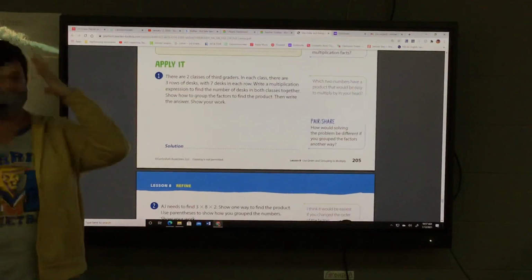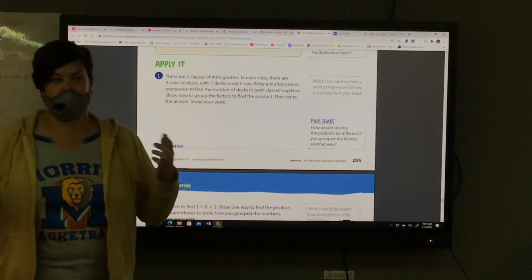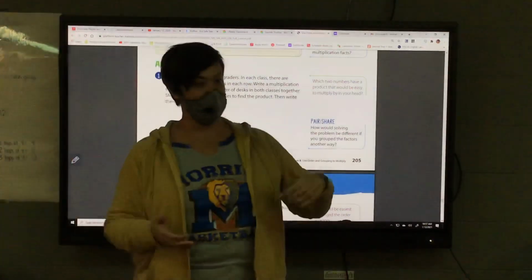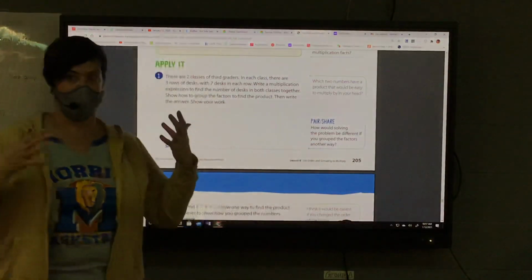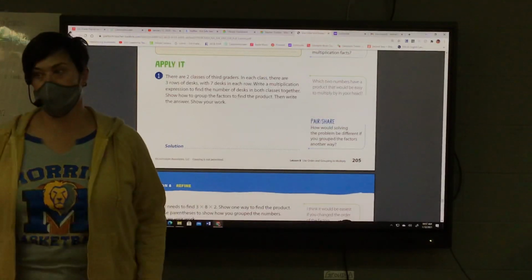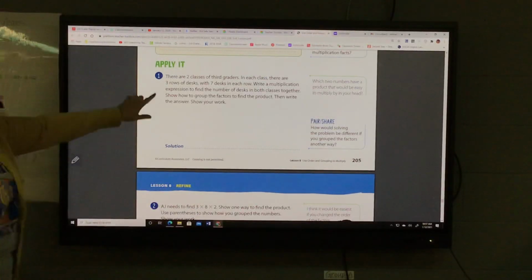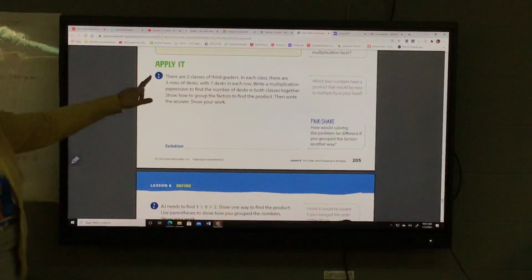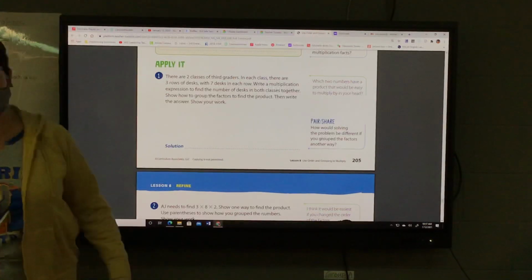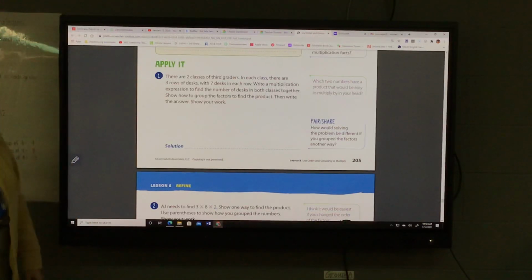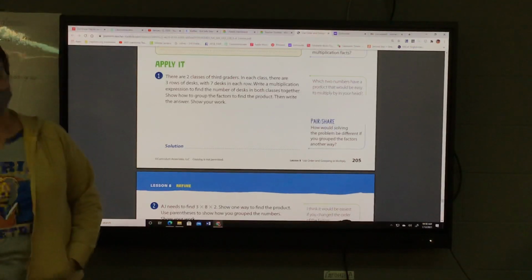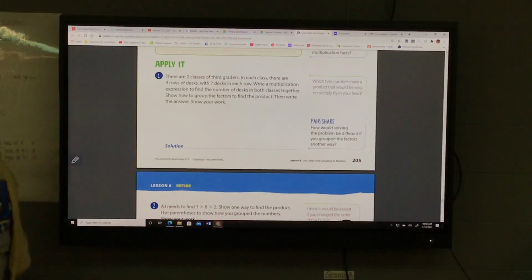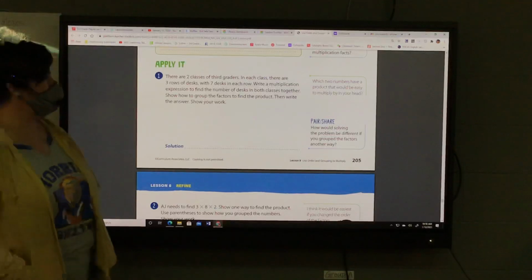So now we're applying all this information that we've been talking about last week and this week. And I'm going to see what you remember. Here we go. Problem 1. There are 2 classes of 3rd graders. In each class, there are 3 rows of desks, with 7 desks in each row.